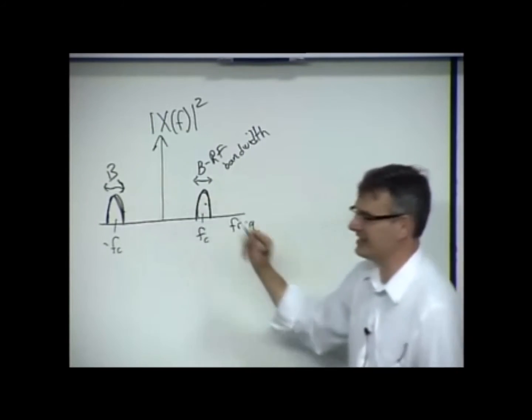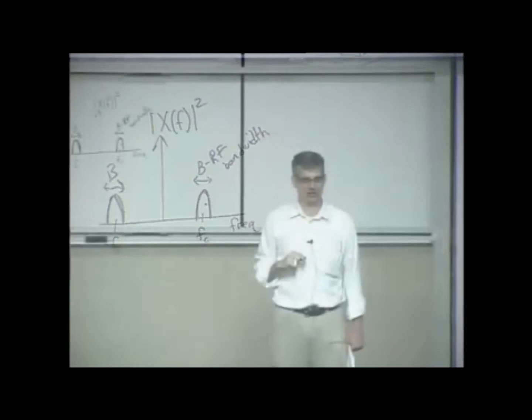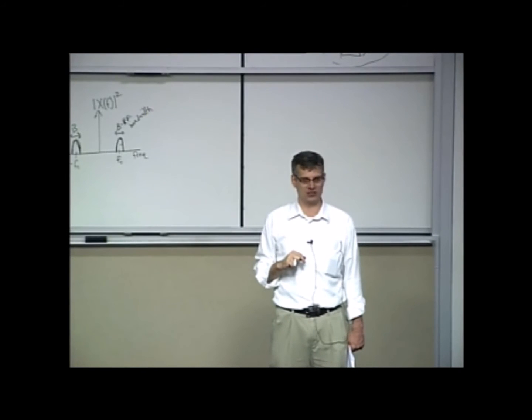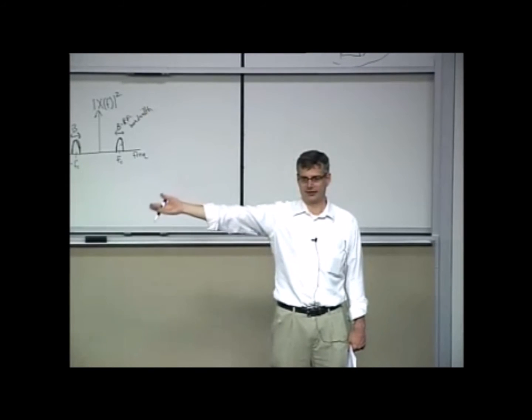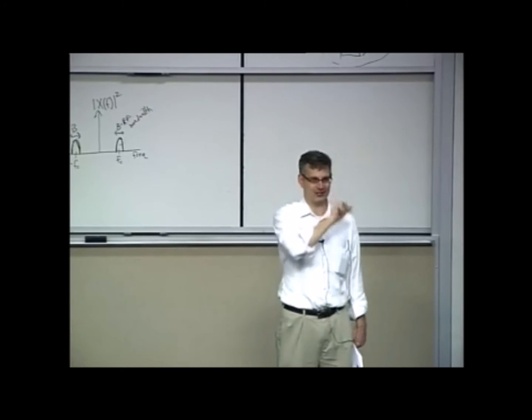How do I know this is the exact mirror image in the spectrum domain? Magnitude squared of the Fourier transform. How do I know that the magnitude of the Fourier transform has the exact mirror image? What signals in the time domain behave like that? The signal is real. Perfect.